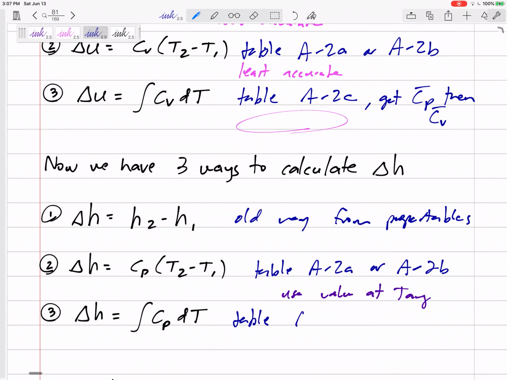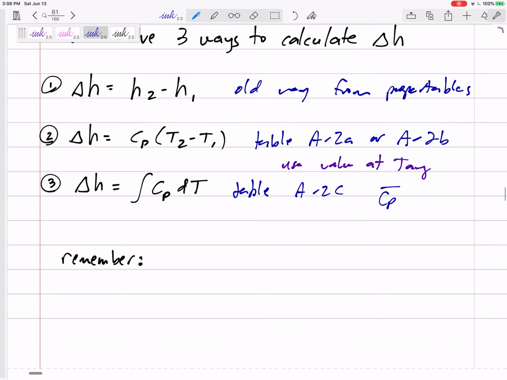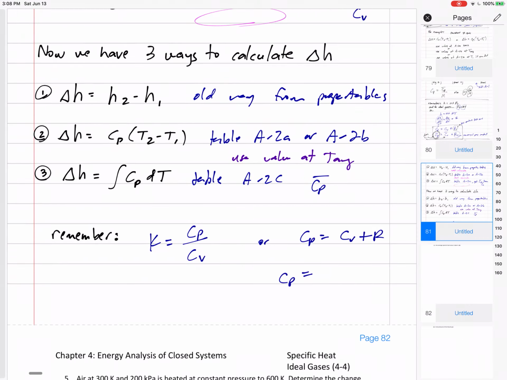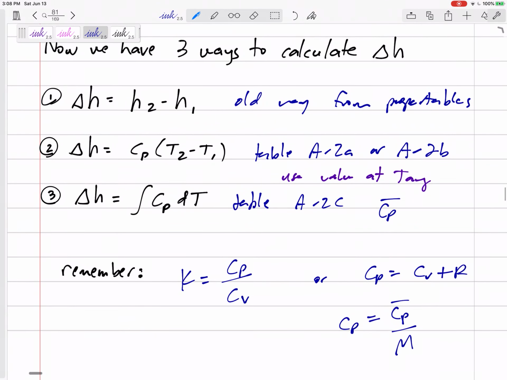And from table A2C, we would get Cp bar, integrate it, and be careful though, divide it by the molar mass to get Cp. A few things to remember: the specific heat ratio is Cp over Cv, or Cp is Cv plus R. And remember that Cp, the specific heat, is different from the molar by the molar mass.